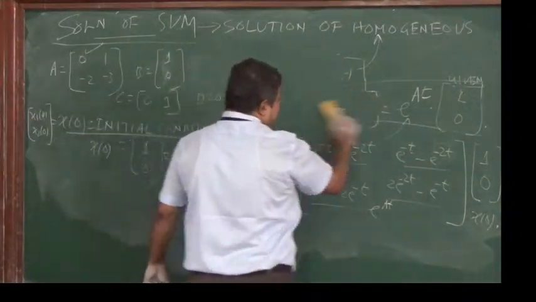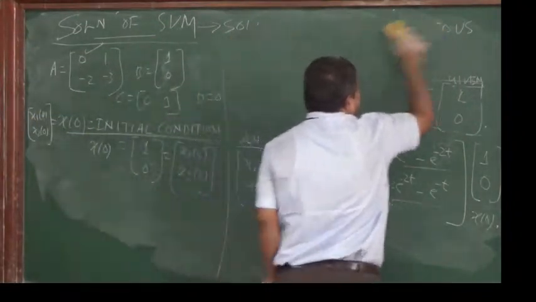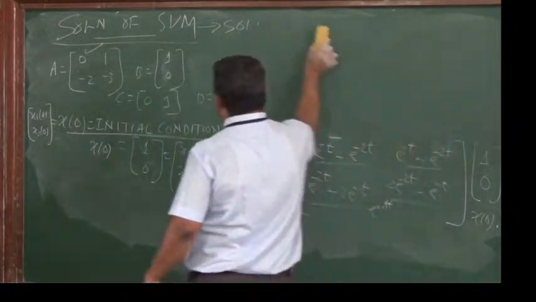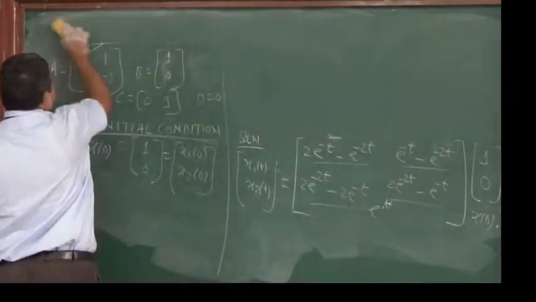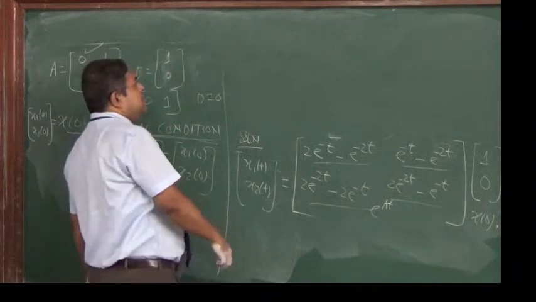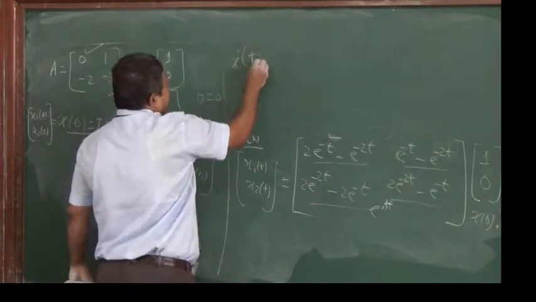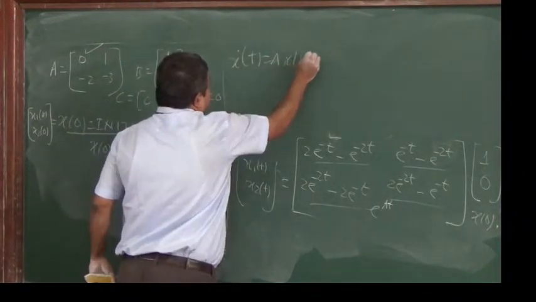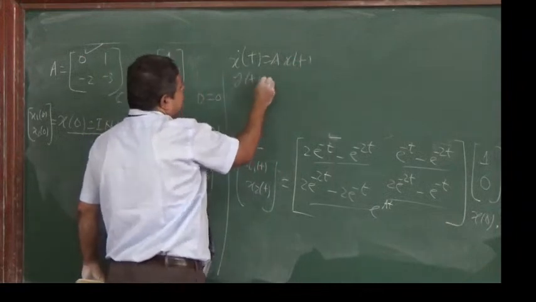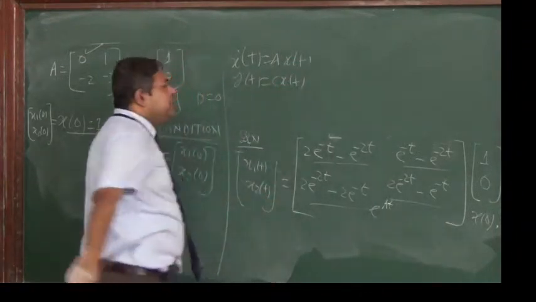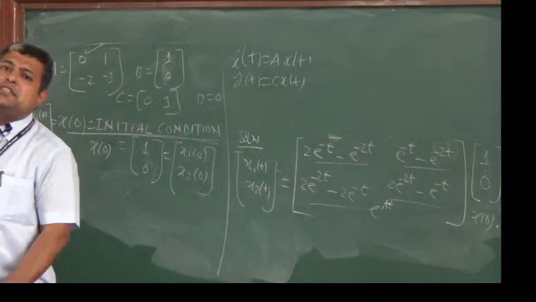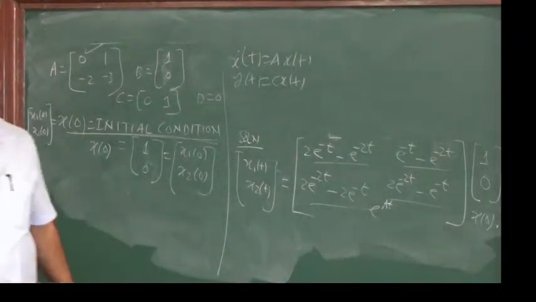So from the beginning, if I want to give a recap, a homogeneous system is given by x dot t equal to A x(t), and y(t) is equal to C x(t). There is no u(t) term, there are no forcing functions, there is no external input. In that case, how can I find the system response?